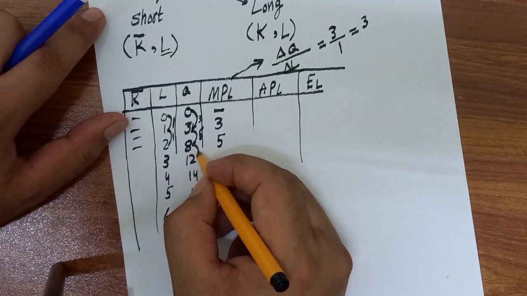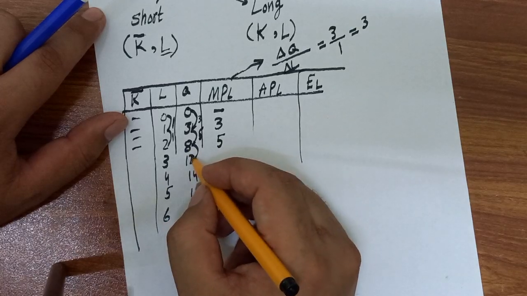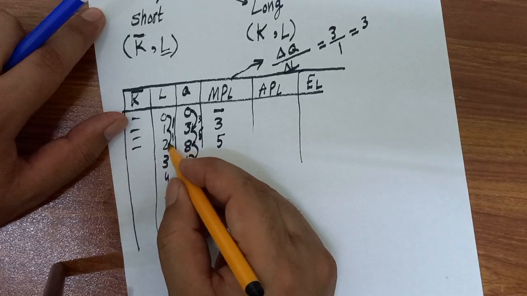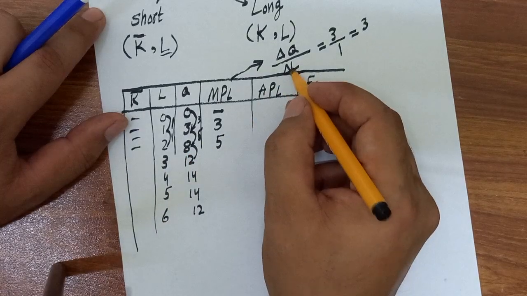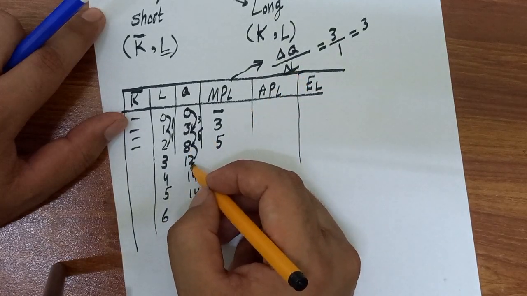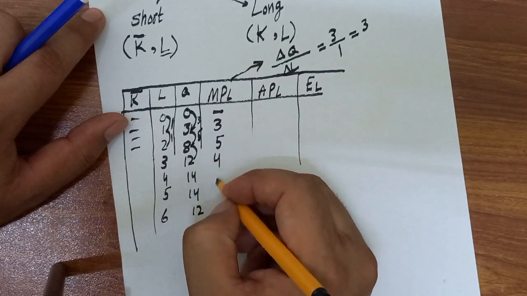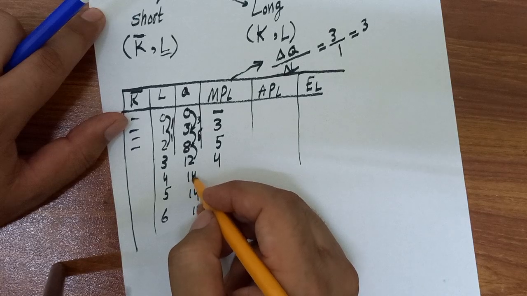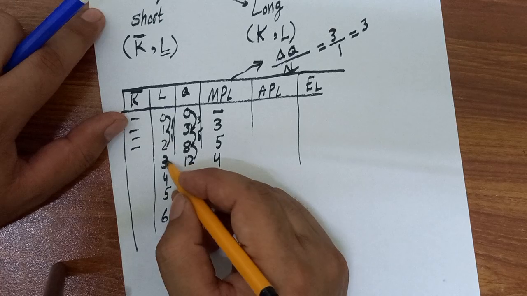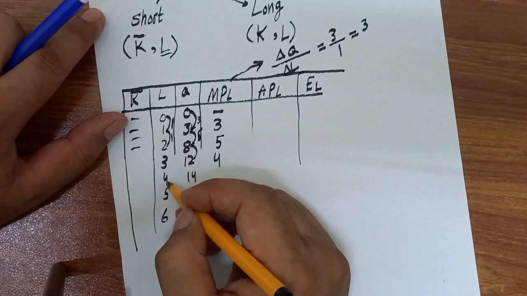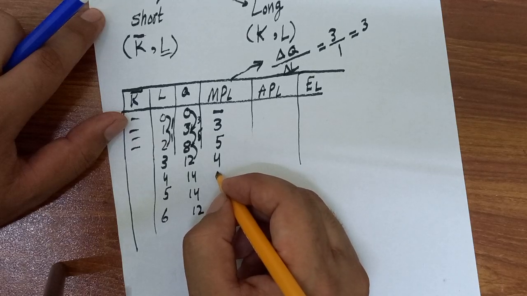Here we have again the change between 8 and 12, we will have 4, and here again we have changed by 1. From 2 to 3 we have 1 unit change in L, and in quantity we have changed by 4 units. So we will write 4 here. Here again the change in labor is 1, and from 12 to 14 we have changed by 2 units.